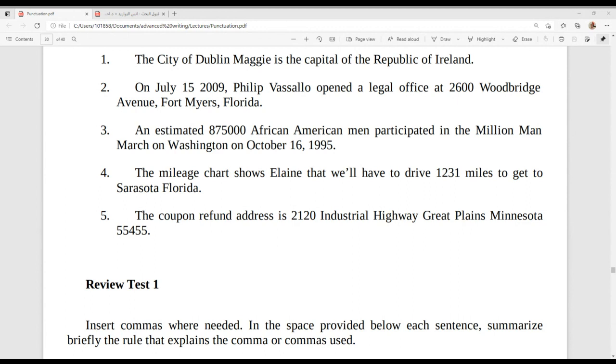No comma is needed in the numbers here. If we have zeros, we have to use commas, but if we don't have zeros, there is no need for the comma. This is the address: 2120 Industrial Highway, comma, Great Plains, comma, Minnesota.